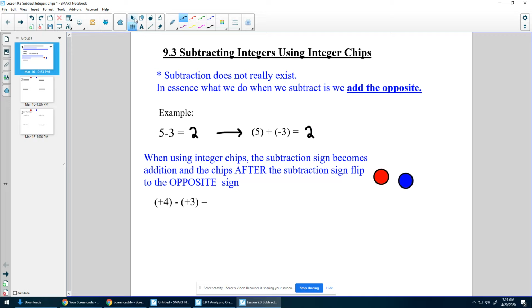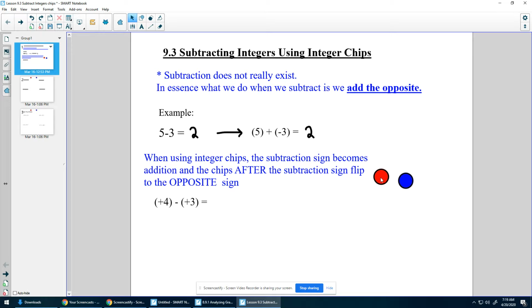Okay, now an example using integer chips. When using integer chips, the subtraction sign becomes addition, and the chips after the subtraction sign flip to the opposite sign.